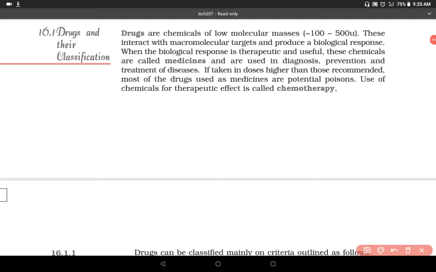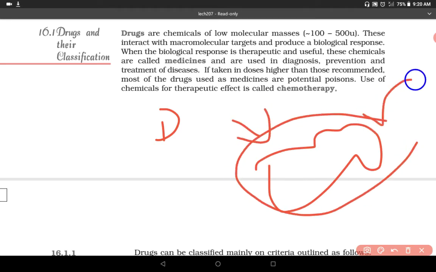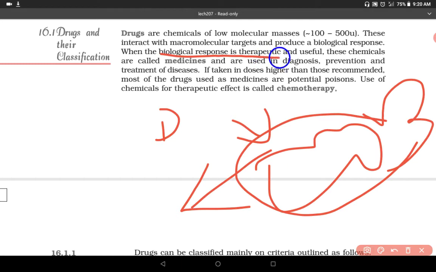Let us continue. These drugs, of lower molecular mass, interact with macromolecular targets and change these targets to function differently. It means it changes the biological processes of humans or animals or anything. If the response is useful for mankind, that is, therapeutic, then these chemicals are called medicine.